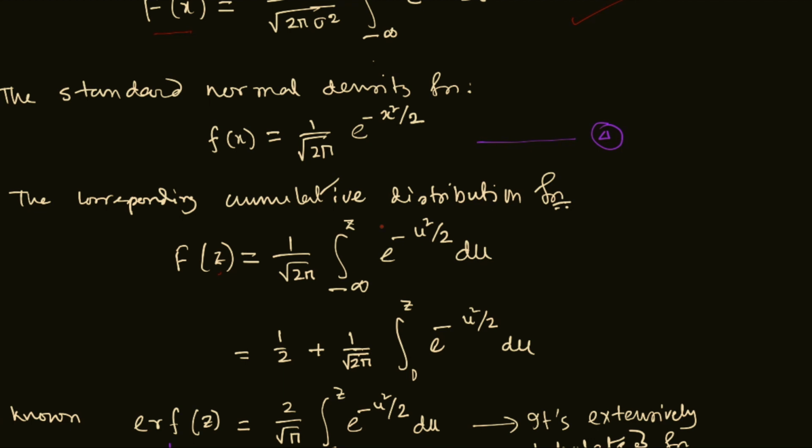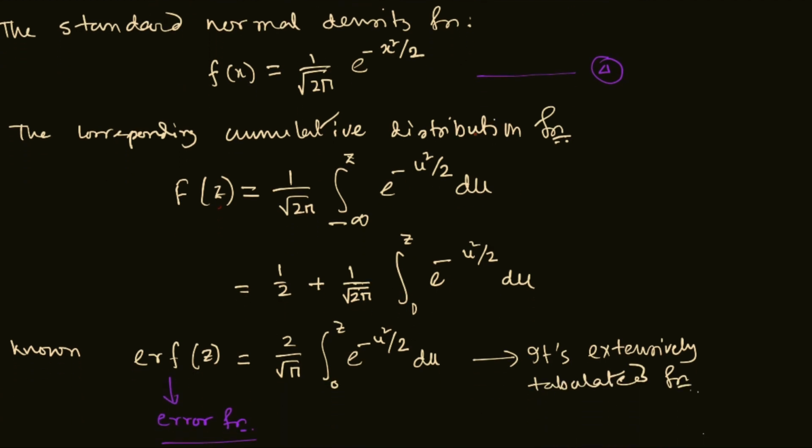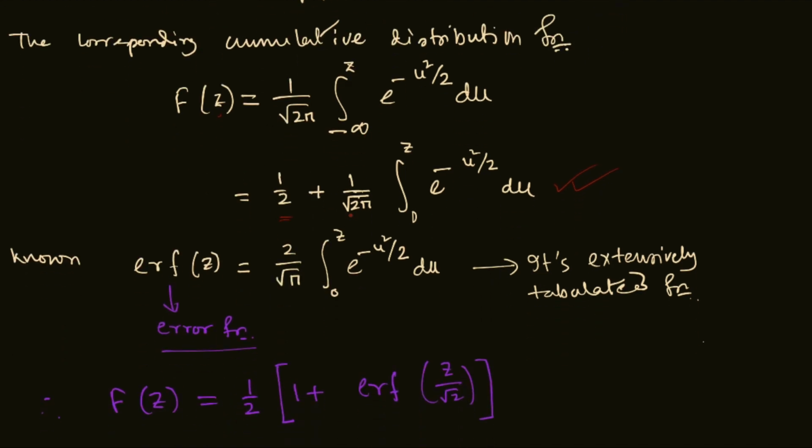If we integrate from -infinity to 0, this gives you the value half, since half of the distribution lies there. For the rest of the thing, 1 over root 2 pi, the integral from 0 to z, you have to integrate it out, and this is basically the famous error function erf(z).